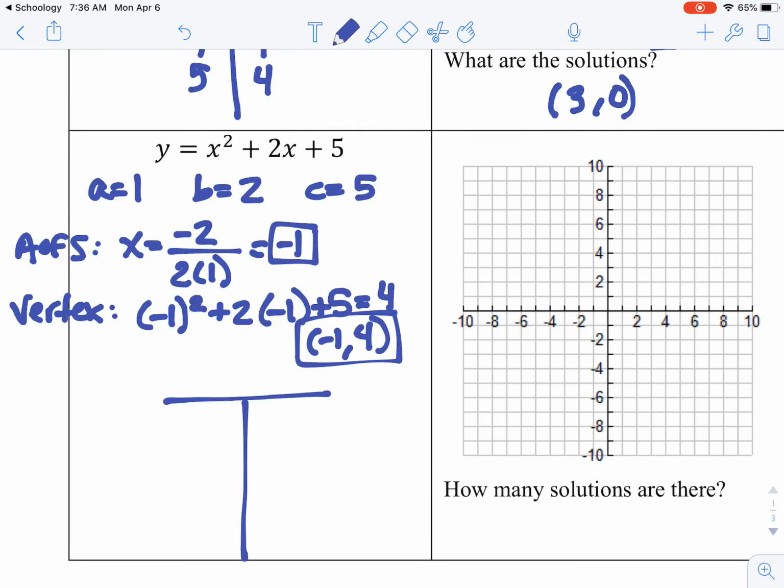I use that to start my XY chart. Two numbers smaller, two numbers greater. I am plugging my X values into my calculator.